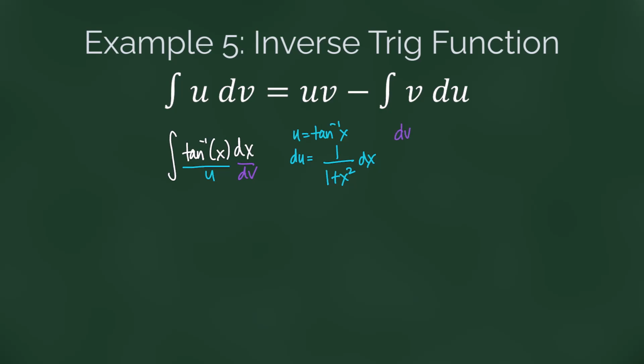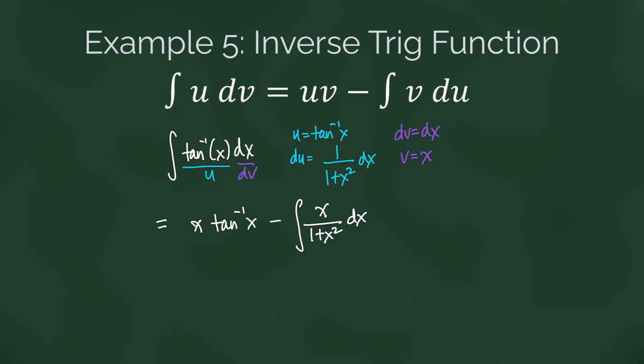And then we have dv equal to dx, which is once again going to give us that v is equal to x. We'll plug this into our formula. So we get x times the inverse tangent of x minus the antiderivative of v du, which is going to be x over 1 plus x squared dx.